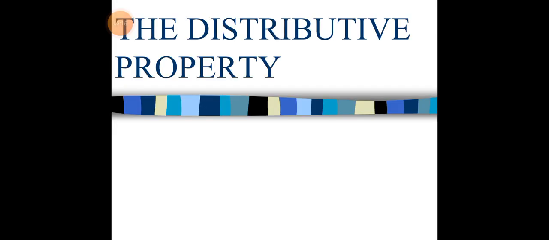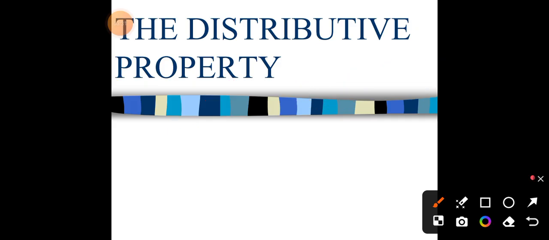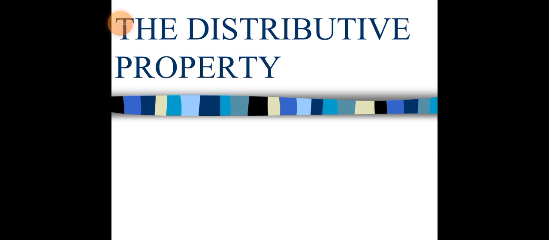Okay, the distributive property. So what we are going to study about, you can say the distributive property as the distributive law. If you are using property, it's correct. If you are using law, it is correct, because both ways are correct. You can use any of them, it's not going to be wrong.